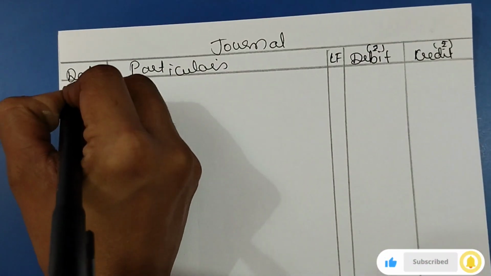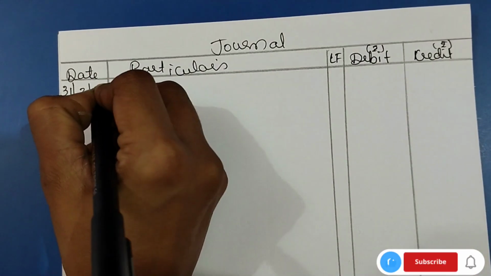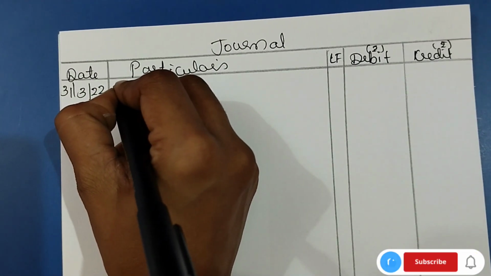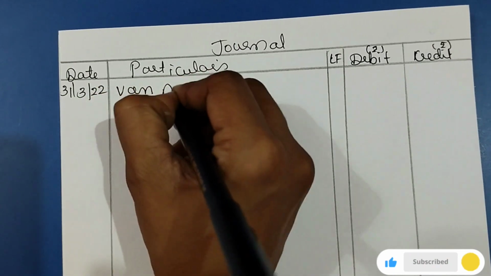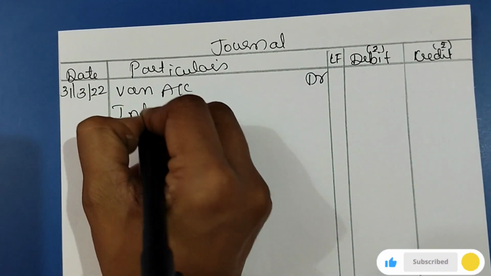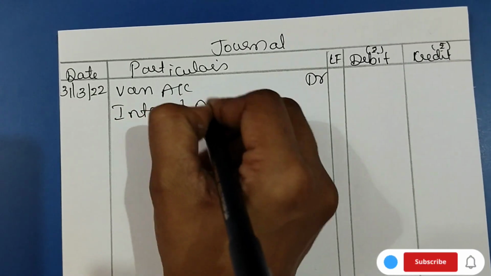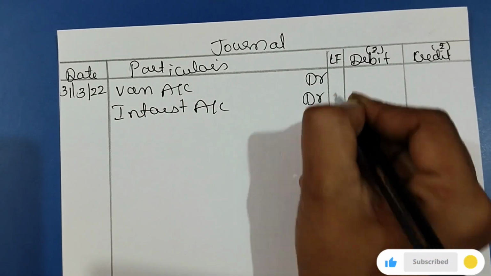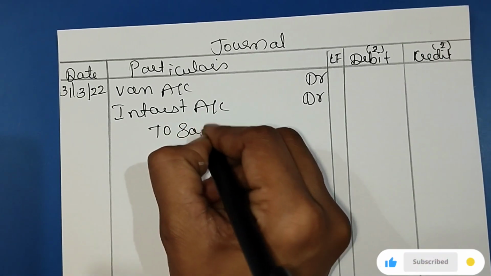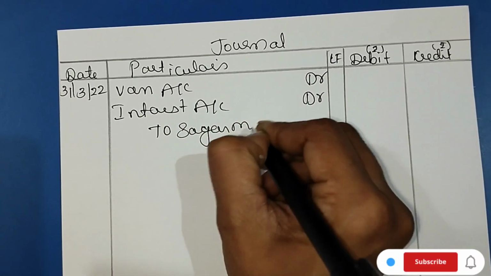Next year is on 31st March 2022. The first entry is the installment due entry. We are debiting van account and interest account to Sagar Motors account.